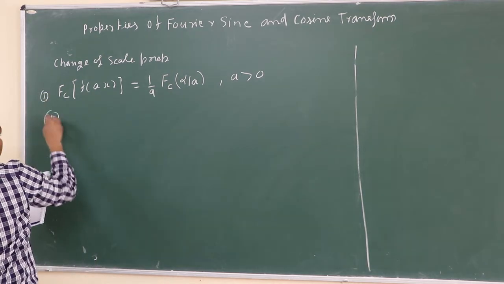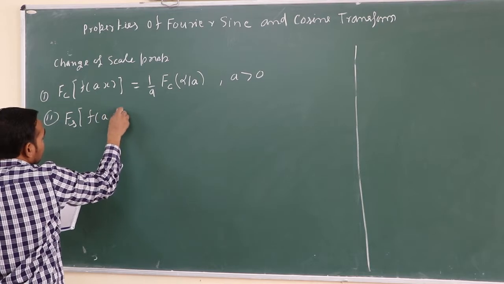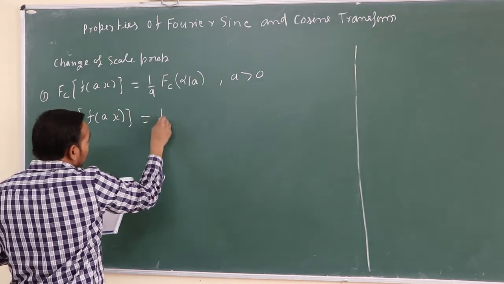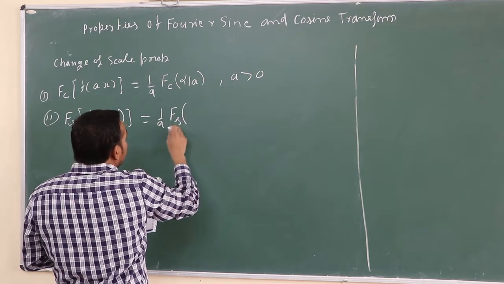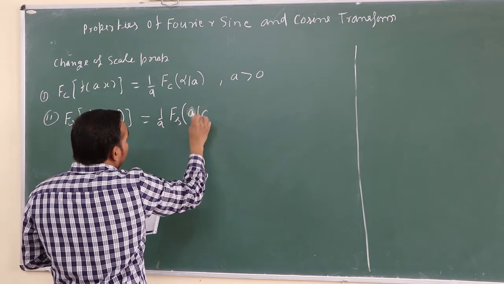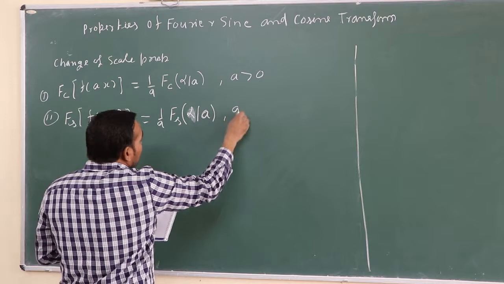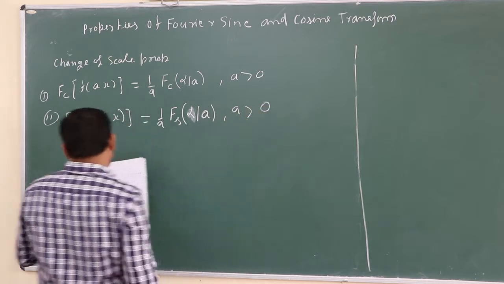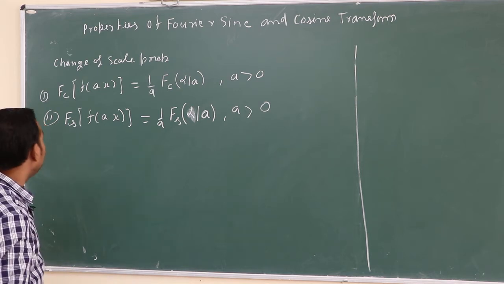And second, for the Fourier sine transform, f(ax) equals 1 upon a times the Fourier sine transform at alpha upon a, a greater than 0. So we want to prove this.